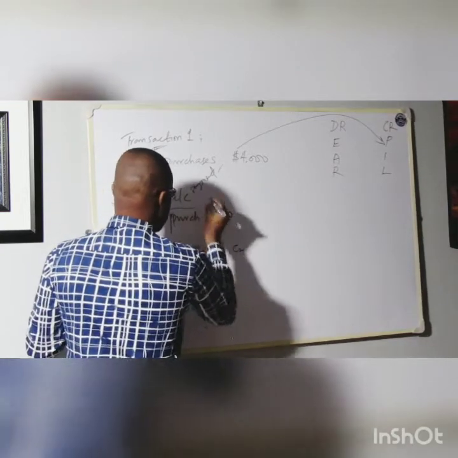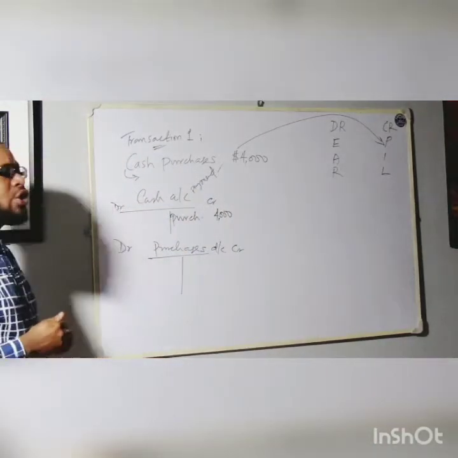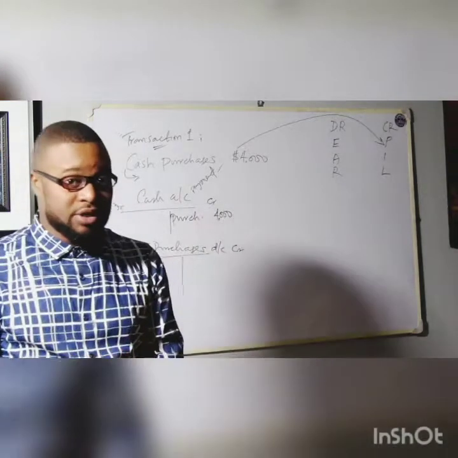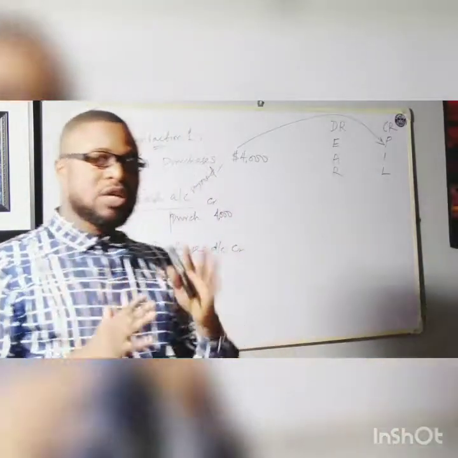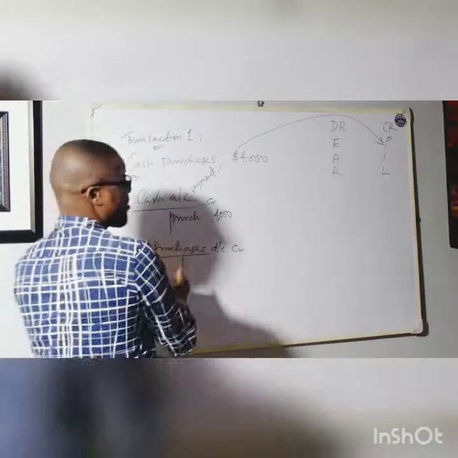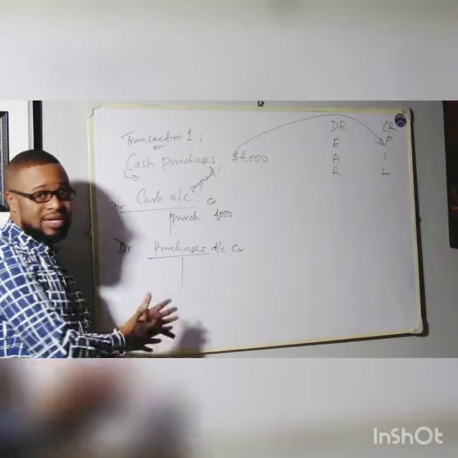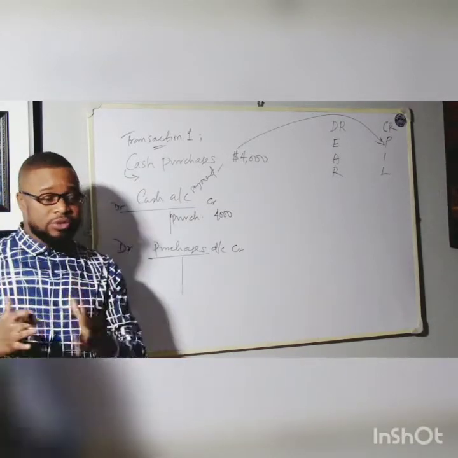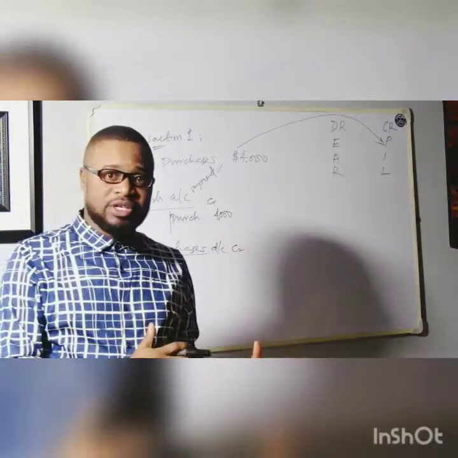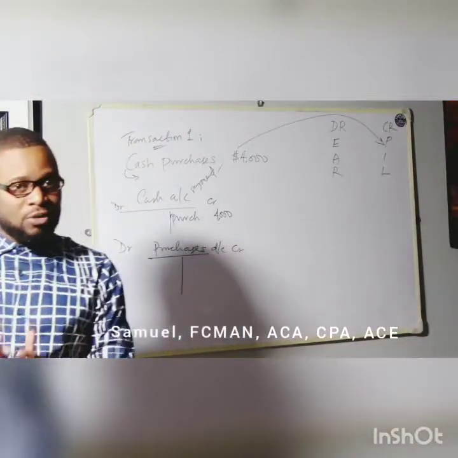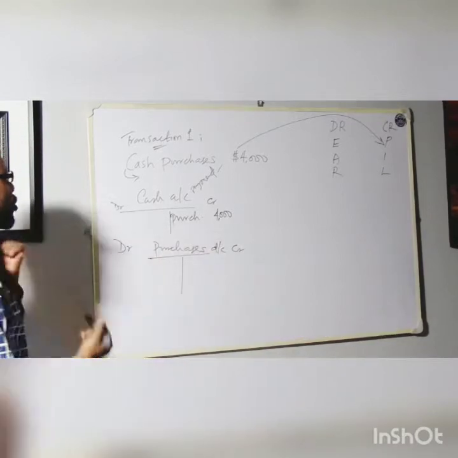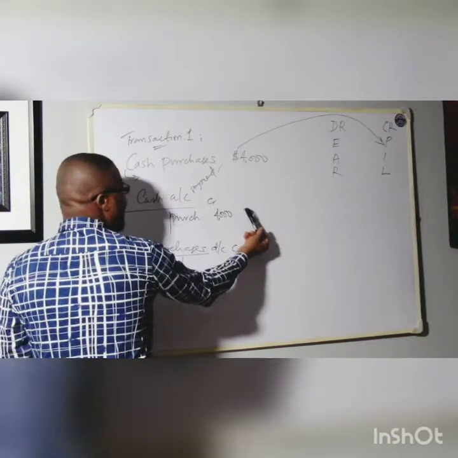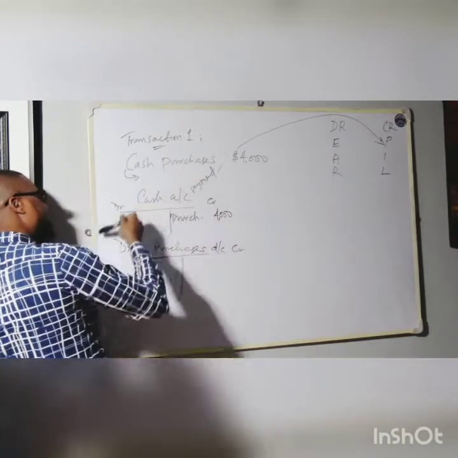From purchases. Now, all you have to do in accounting, in general, is be sure of your first entry. You don't need to work so hard to know where the second entry will be, because there is another rule that guides you already, which is what we call the principle of double entry. The double entry rule says that for every debit entry, there shall be a corresponding credit entry, and vice versa, for every credit entry, there shall be a corresponding debit entry.